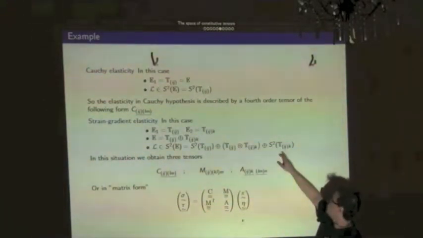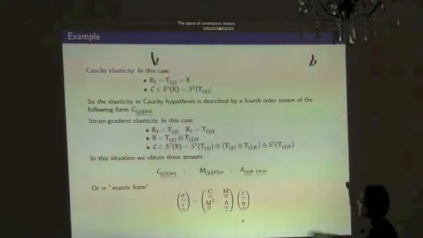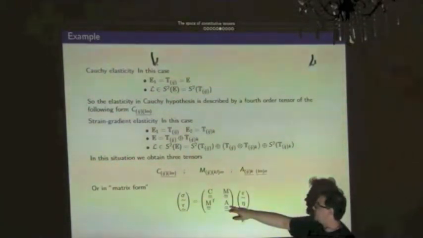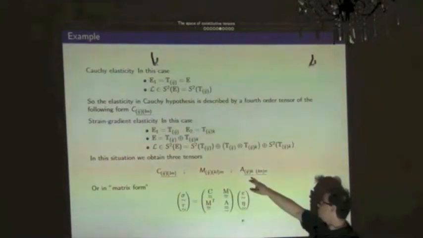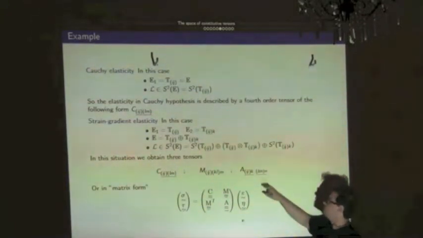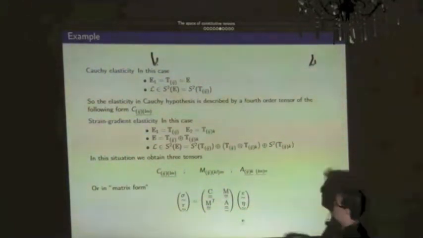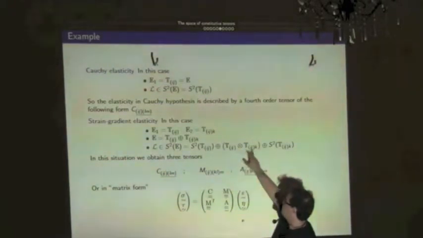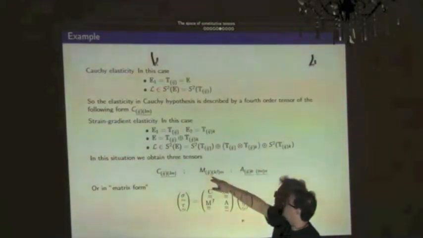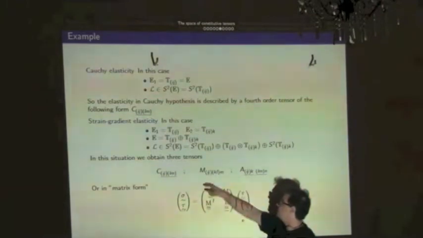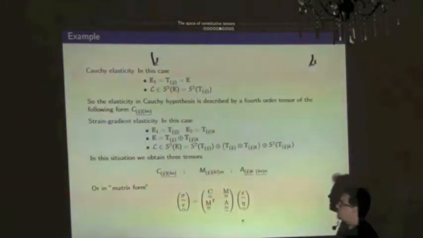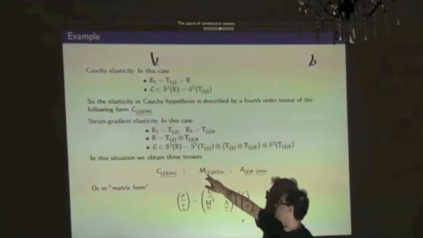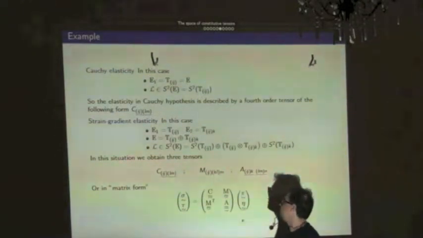The element that will live in S2, T_IJK, will be a sixth order tensor A, which will also have a major symmetry. And the element associated to this space is a tensor that is called M, which is symmetric between the interchange of the first and second and of the third and fourth.